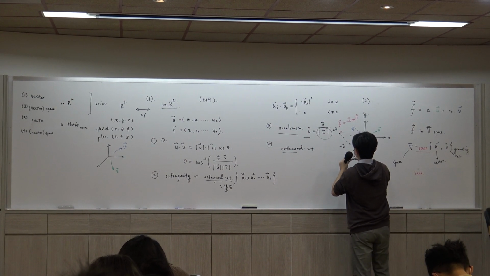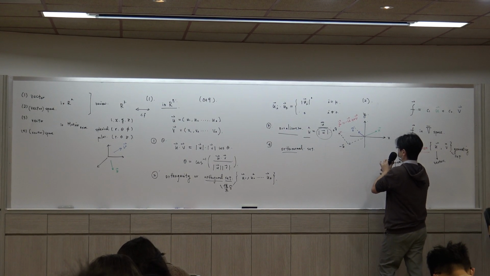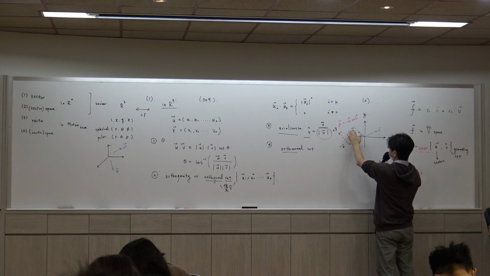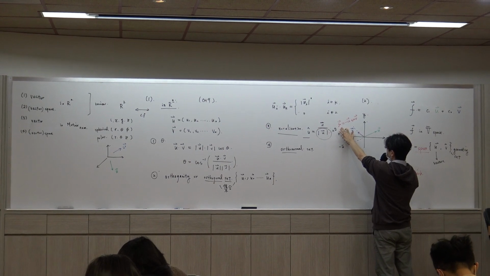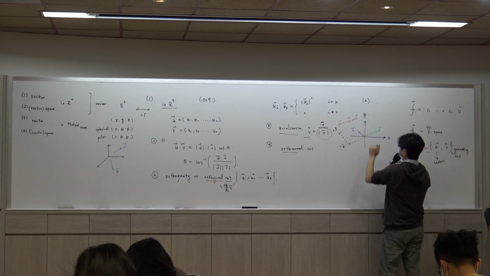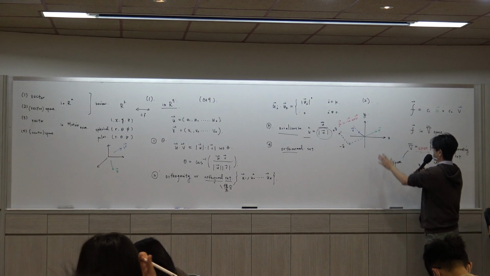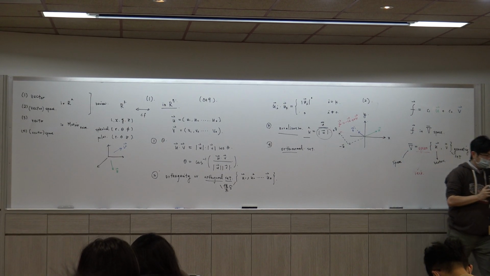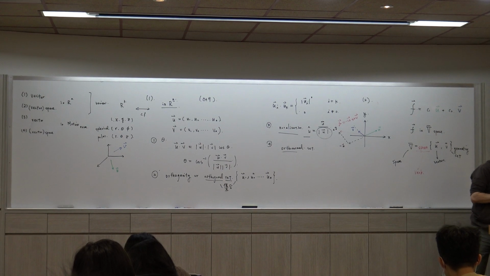We can attempt any F vector by linear combination of the two vectors. Okay, so that's the first issue.